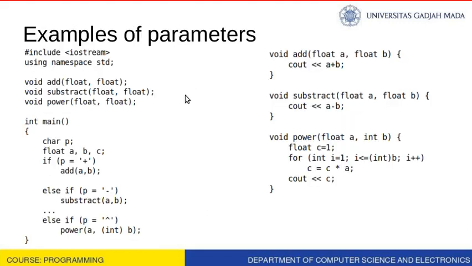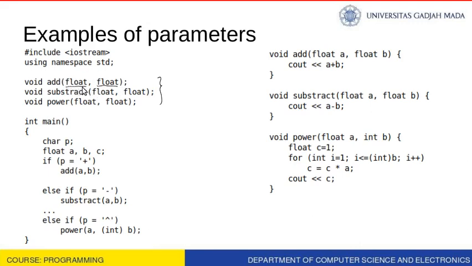So this is an example of parameters in a function. Start from this function prototype. The parameters of a function will be declared inside of these brackets.